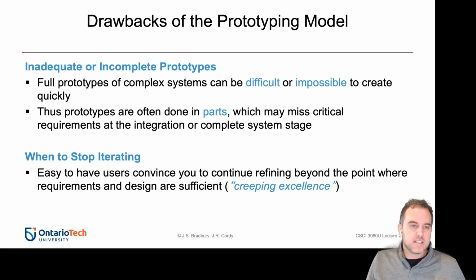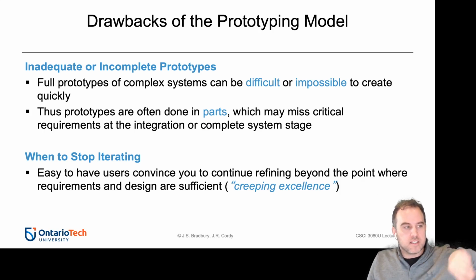The last thing is that it's not like you build one prototype and you stop, or you do it 3 times and you stop. You can keep iterating, especially if the customer doesn't know what they want, and the design team or the lead of the development doesn't know how to encourage the customer to stop and make a decision about certain things.